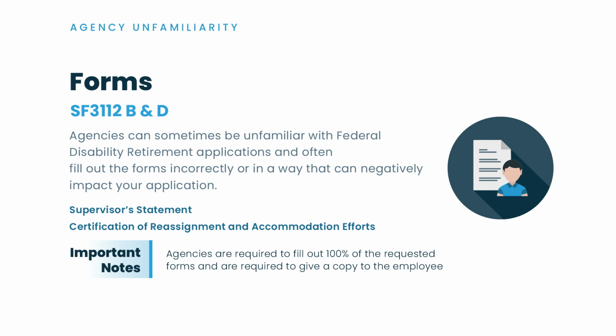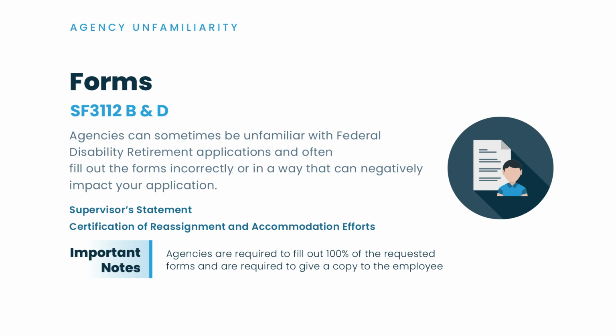These forms are often filled out incorrectly in a way that can negatively impact your application, mostly because they don't understand what the questions are asking. That's absolutely correct. While each form comes with its own set of instructions, I find that most agencies kind of gloss over them and they're like, let's just get this form completed real quick.